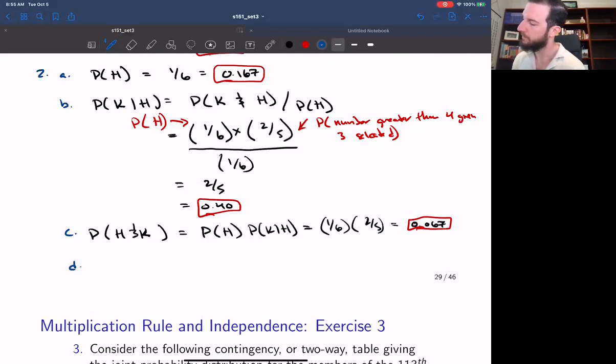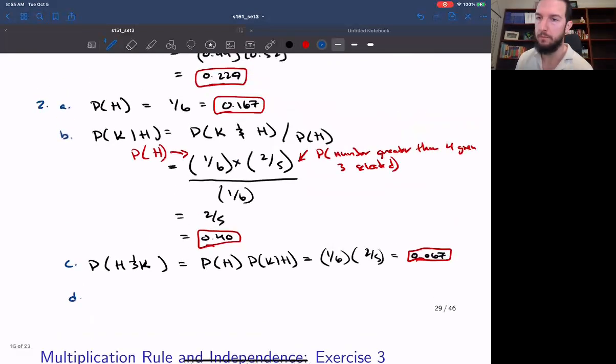No, in this case, it looks like they would be independent. So if we were to check, using the formulas, we should be able to show that the intersection is equal to the product of the marginals here. Because you can see in the top part, I have P of K and H. Sorry, the question was, so it's not independent.